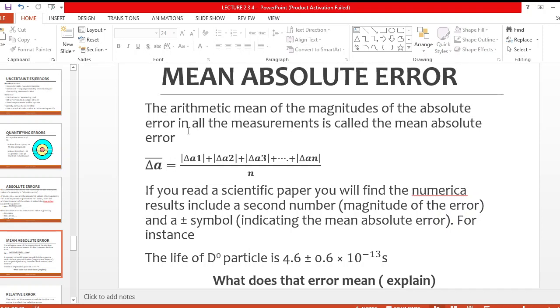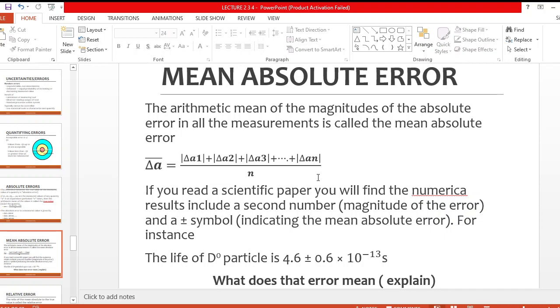So you take the absolute value of all the absolute errors divided by the number of observations. So it's like the mean of the positive values of absolute errors. So what you get is the mean absolute error.